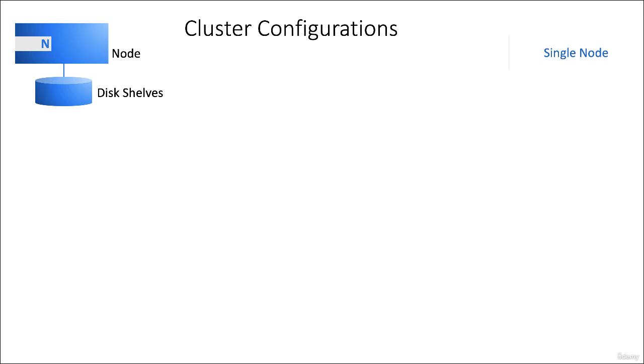An ONTAP cluster can be as small as a single node. This means that there is one controller, or as it's usually referred to, a single node. This node runs ONTAP and is connected to one or more disk shelves. As you'll agree, this is not a very highly available configuration, because if something bad happens to the node, you will lose access to your data.